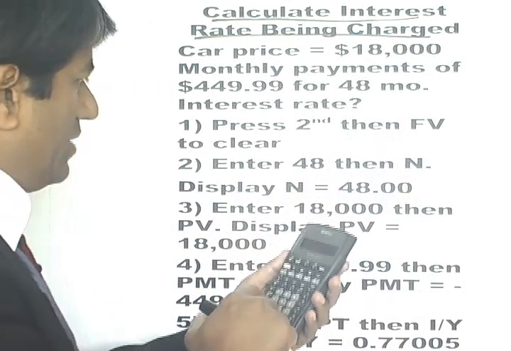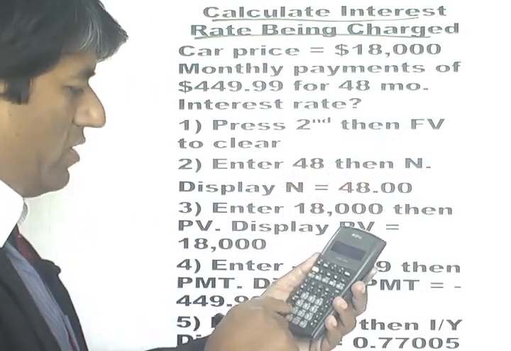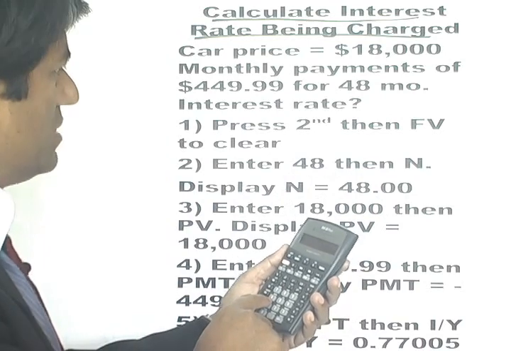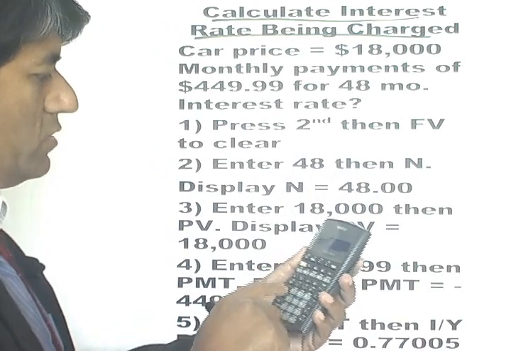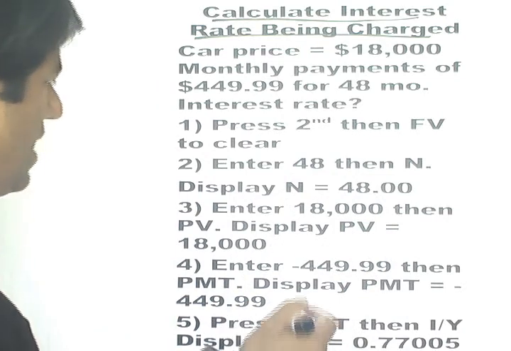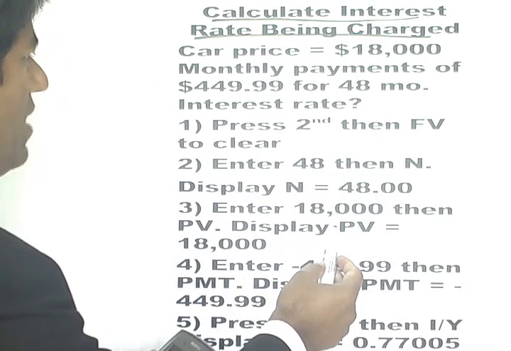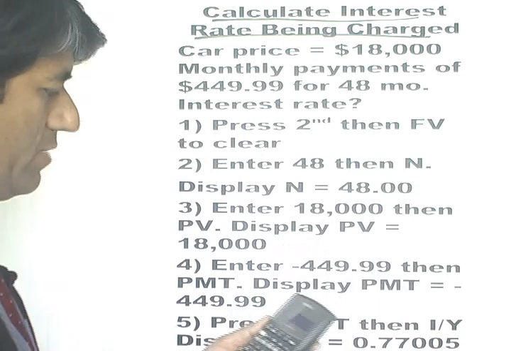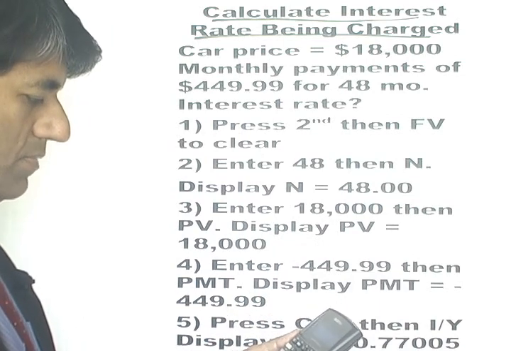Then you're ready to start inputting the data. The number of payments is 48, so you do 48 and then you press N. Then the present value is the money that you're getting, so that will be 18,000.